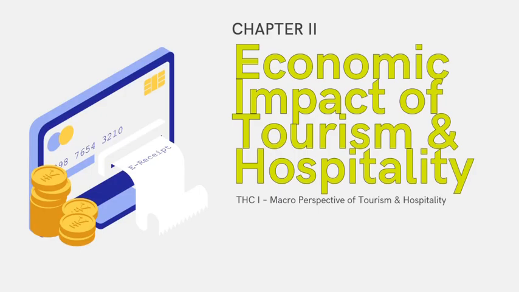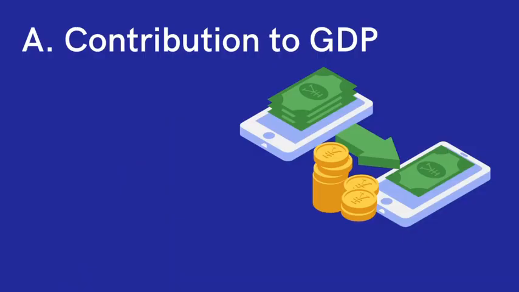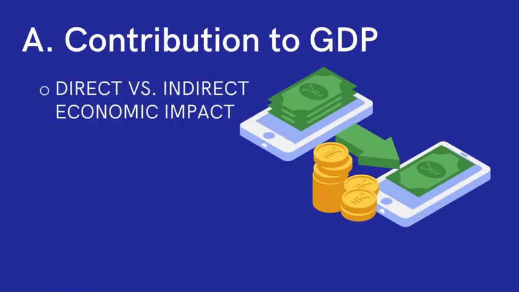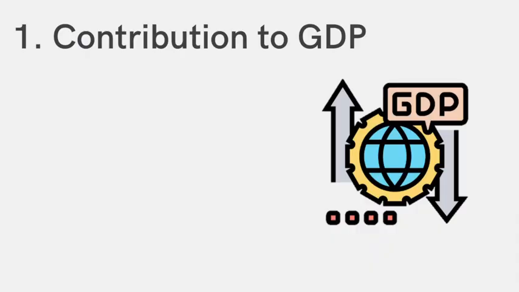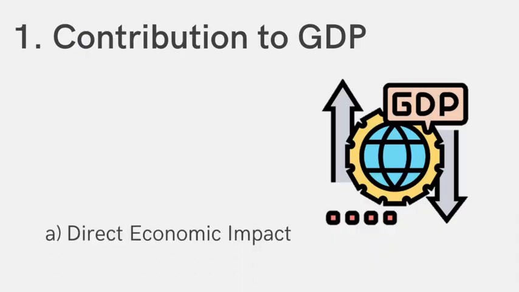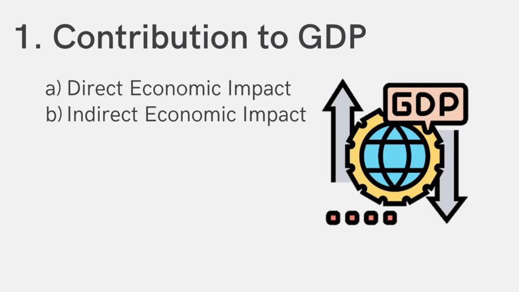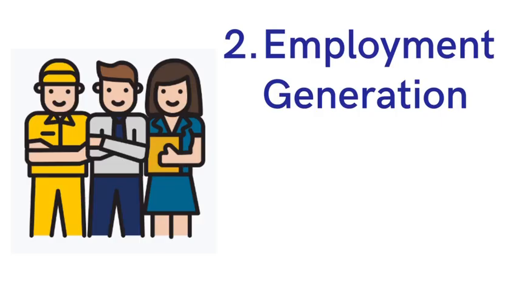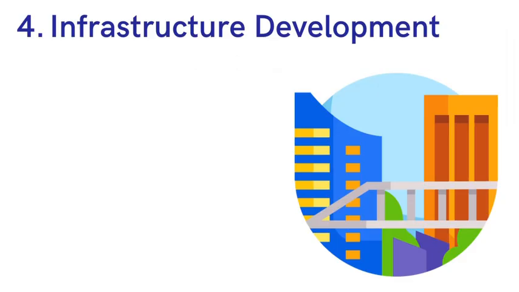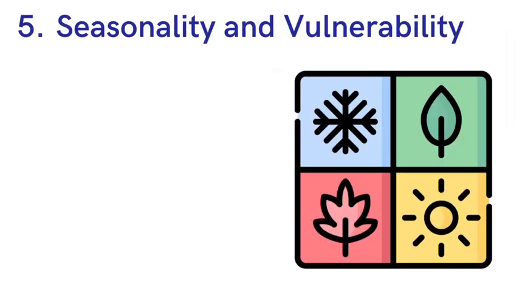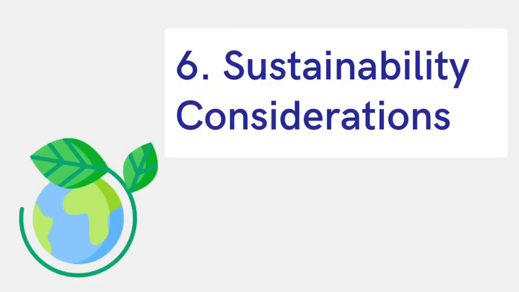So in the previous discussion, as a recap, we discussed the letter A, the contribution to GDP or gross domestic product. We discussed the direct versus indirect economic impacts, employment generation, foreign exchange earnings, infrastructure development, seasonality and vulnerability, and sustainability considerations.